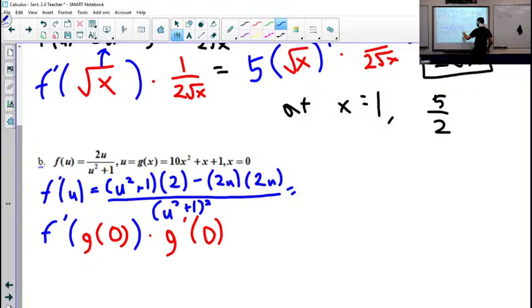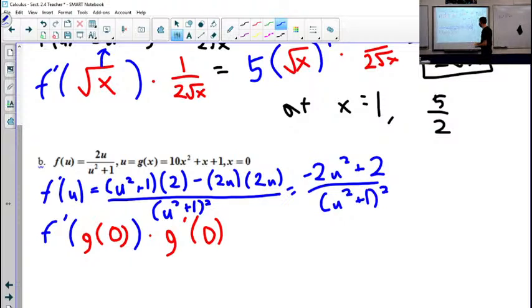So that equals 2u squared minus 4u squared, so negative 2u squared, plus 2, over u squared plus 1 squared. Okay, I'll stop there.